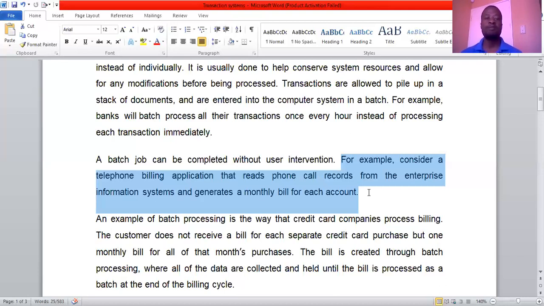Okay, so telecom doesn't necessarily charge you right after each and every call. So what they do is they bill you up. They just take all the calls that you made, like maybe the whole week is one week, they add it to the other week until they make up the whole month, and then they give you your bill.